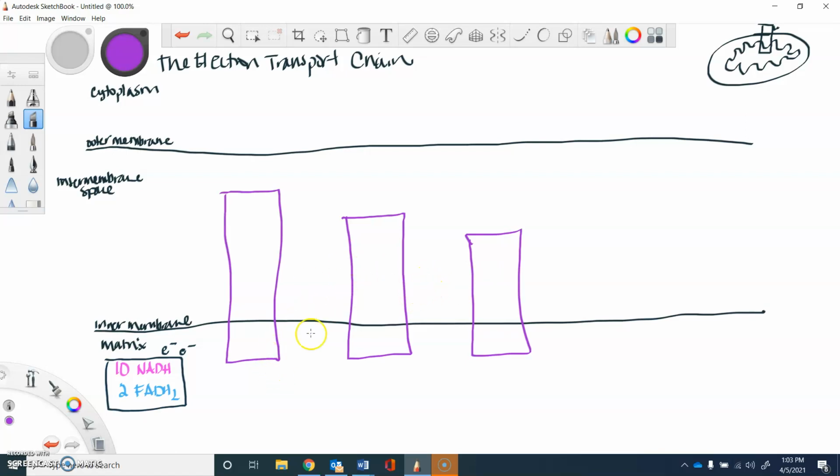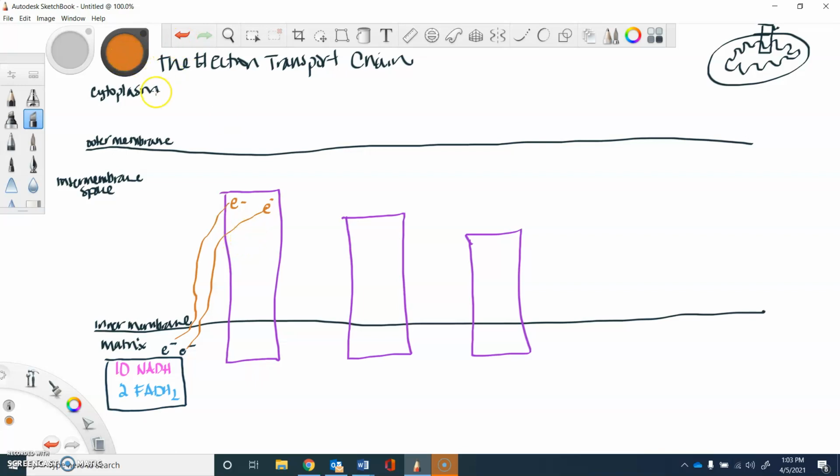When we use these electrons, we can basically turn them into usable pumps.